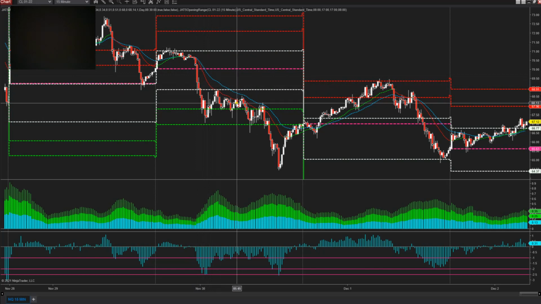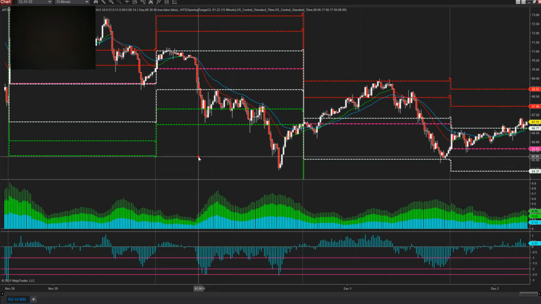So I just trade 1, 2, 3, and a lot of the times I'll just wait for it to break the 1 to trade to the 2 or the 3, because if it breaks the 1, the only place for it to go is to the 2, right? 1 to 2, 2 to 3. Very, very simple.